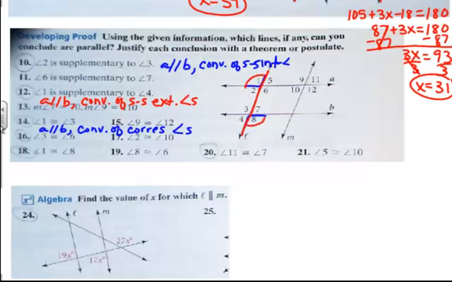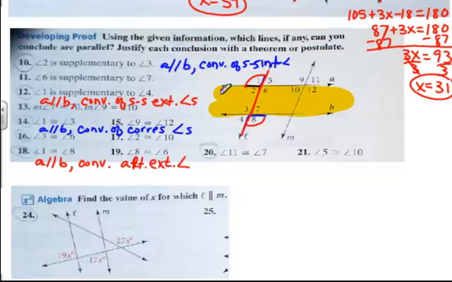And they are on the outside, and what I mean by that is those are interior, so they're on the outside. So these are called alternate exterior angles. So line A is parallel to B because of the converse of the alternate exterior angle theorem.